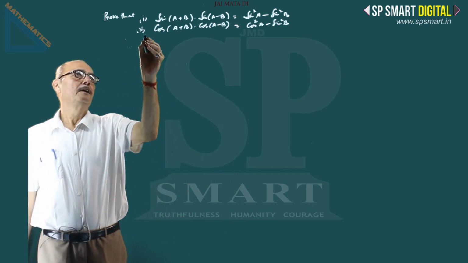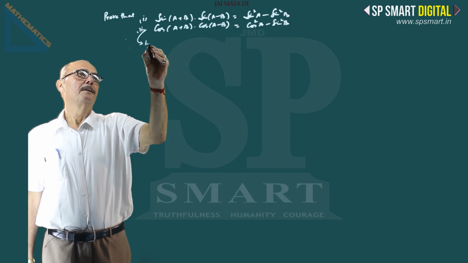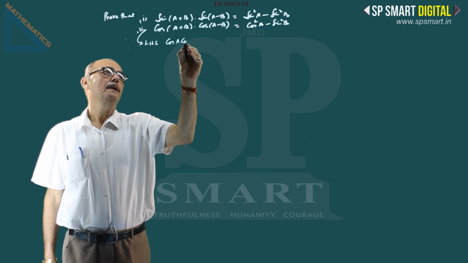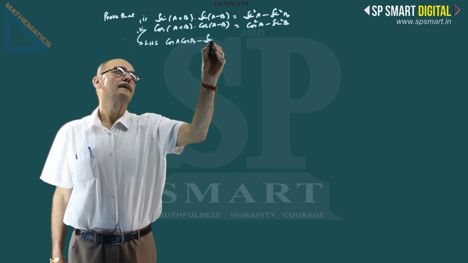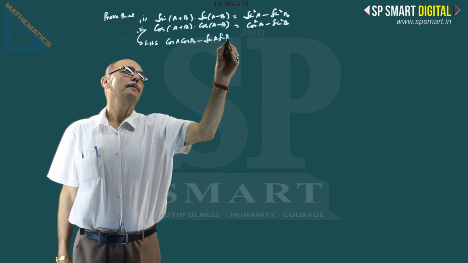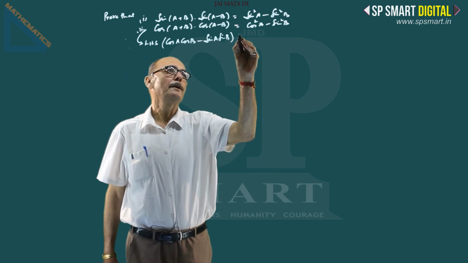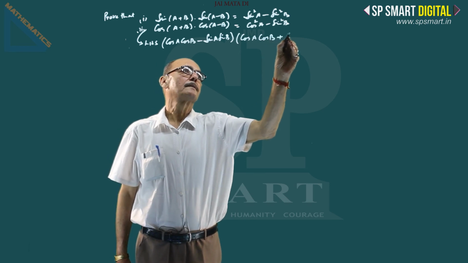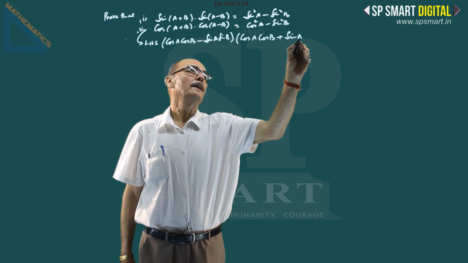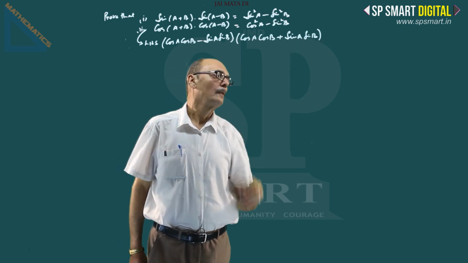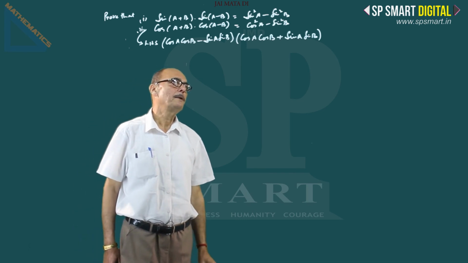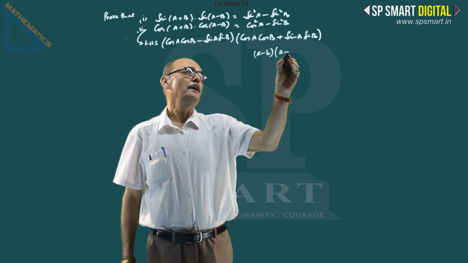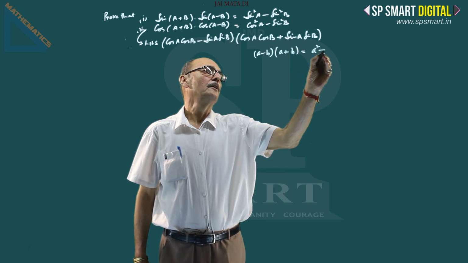Well, let me prove the second. So, on the left hand side we take cos A cos B minus sin A sin B, into cos A cos B plus sin A sin B. Now, make use of the algebraic formula, that is (A minus B)(A plus B) as A square minus B square.